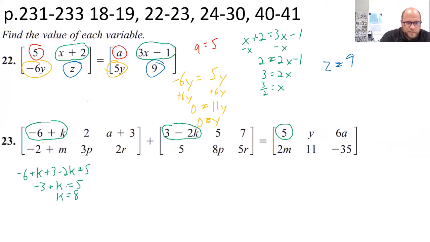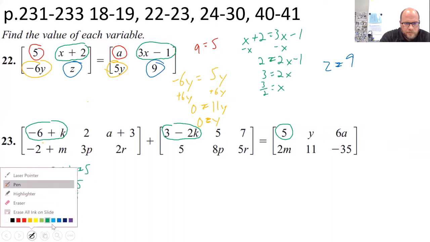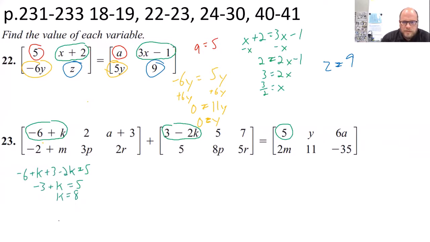The next value, we got 2, 5, and y. So 2 plus 5 equals y. 2 plus 5 is 7, so y equals 7.